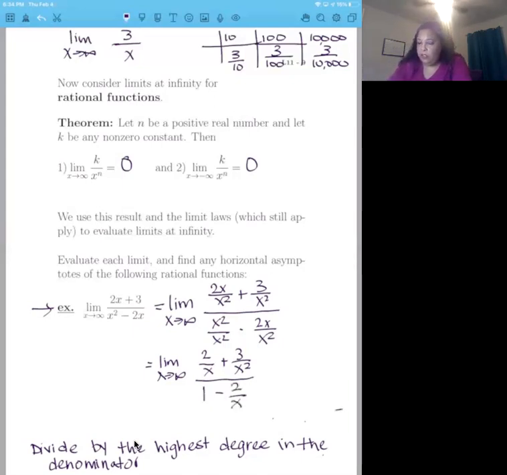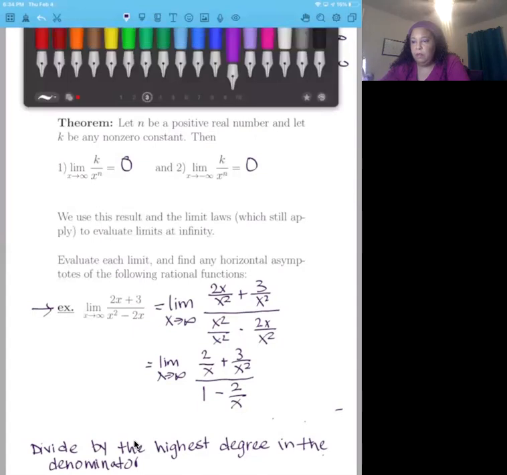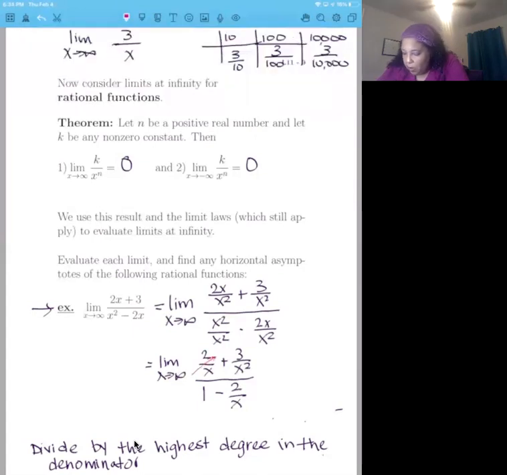All right, and what we just said is if I have a constant over x to some power where that power is a positive real number, so my counting numbers, not thinking fractions, then that limit as it goes to infinity equals 0. So I know this equals 0, this equals 0, and this equals 0.